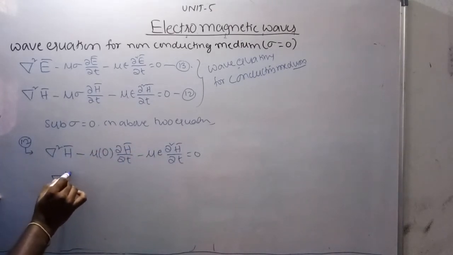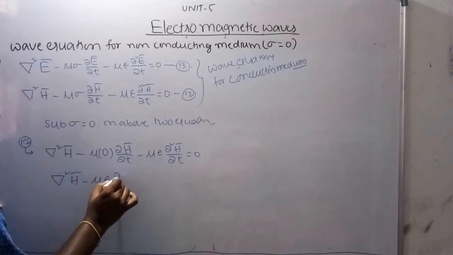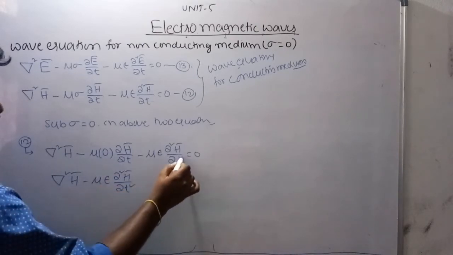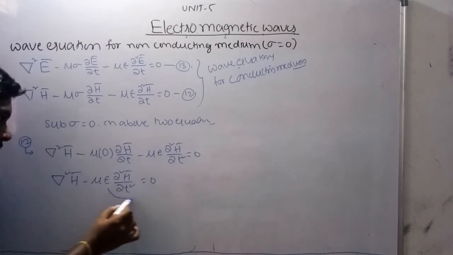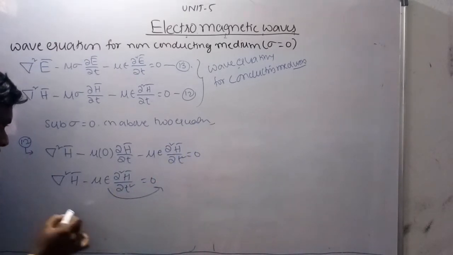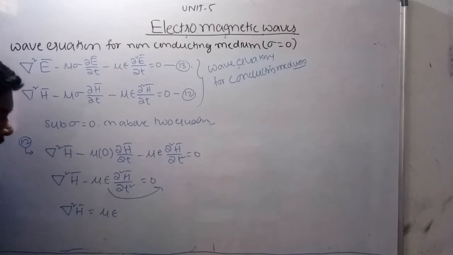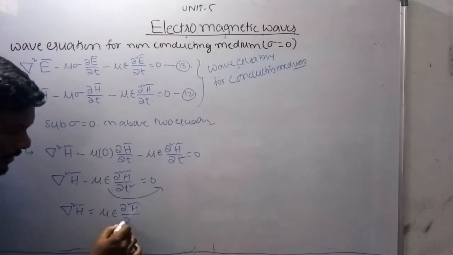That's why it is del square h bar minus mu times epsilon dou square h bar by dou t square equals 0. If you send this term to the other side of the equal symbol, it becomes plus, so del square h bar equals mu times epsilon dou square h bar by dou t square.